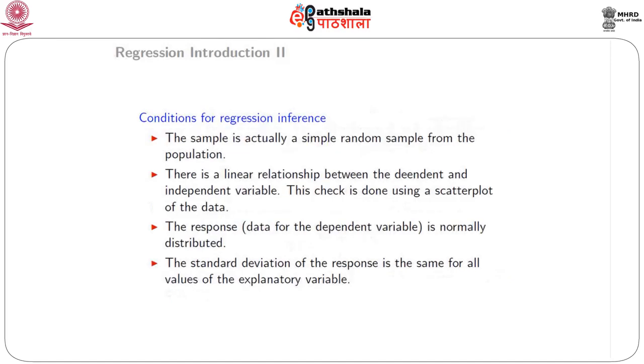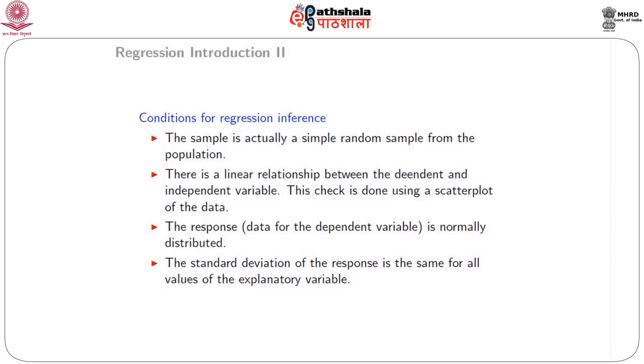Now, there are a few conditions that we need to keep in mind before performing inference on a regression model. We have to assume that the sample is actually a simple random sample from the population. We also assume that there is a linear relationship between the dependent and independent variable. This can be checked using a scatter plot of the data.